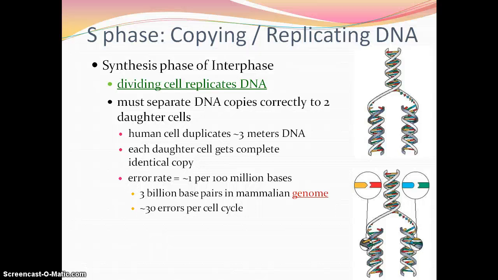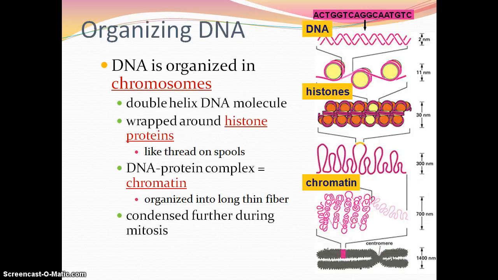So every time we have a cell cycle, every time a mitosis occurs, we get about 30 errors. Those are mutations that provide some diversity in the gene pool of those daughter cells.